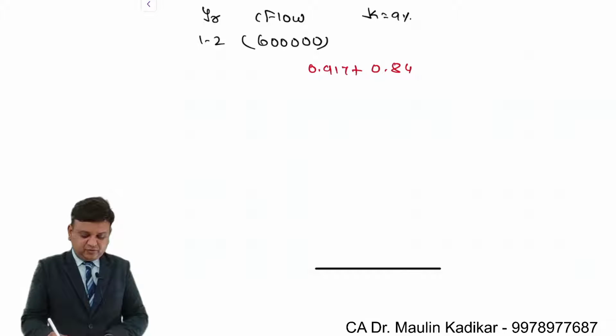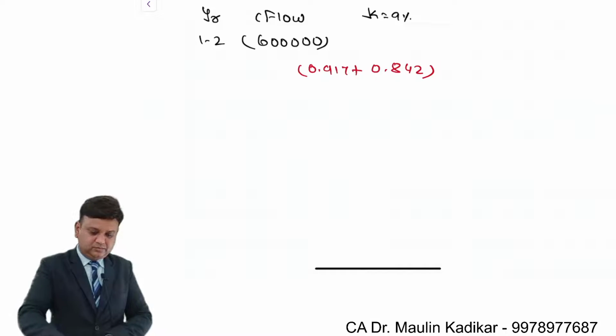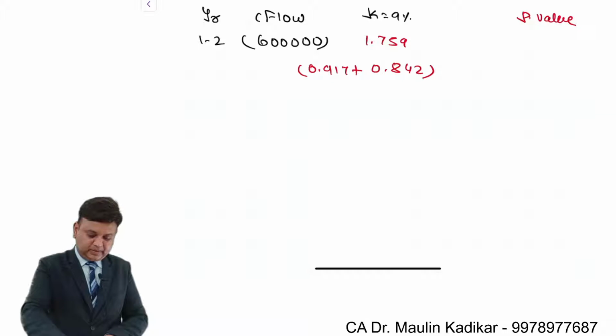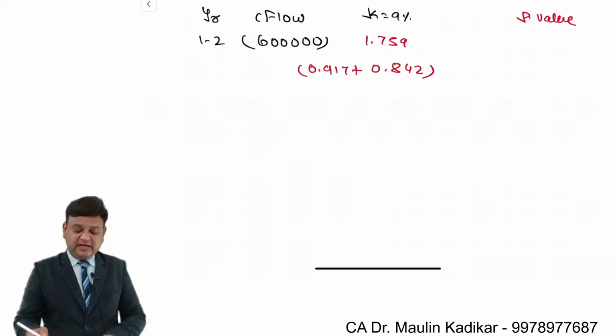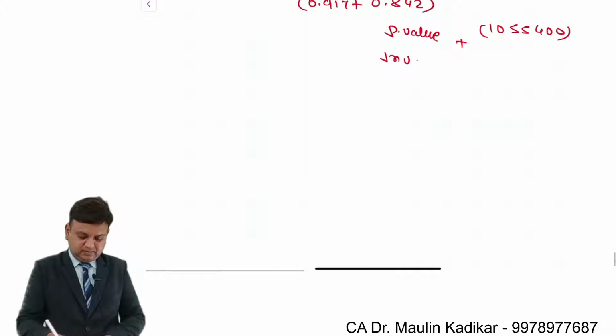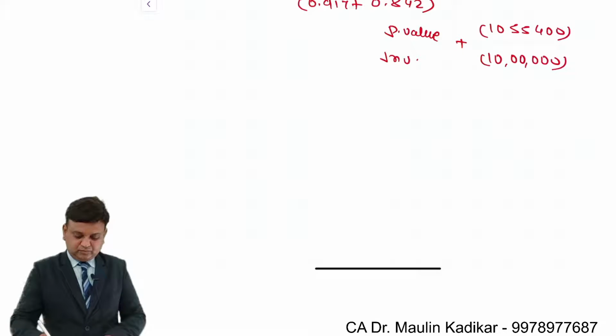Second year factor is 0.842. Sum is 1.759. Into 6 lakhs, so 10 lakh 55,400, plus investment, an amount of 10 lakhs. So the total present value cash outflow comes to 20,55,400.